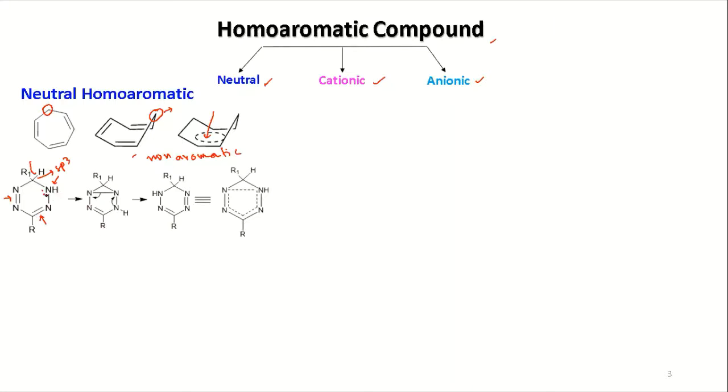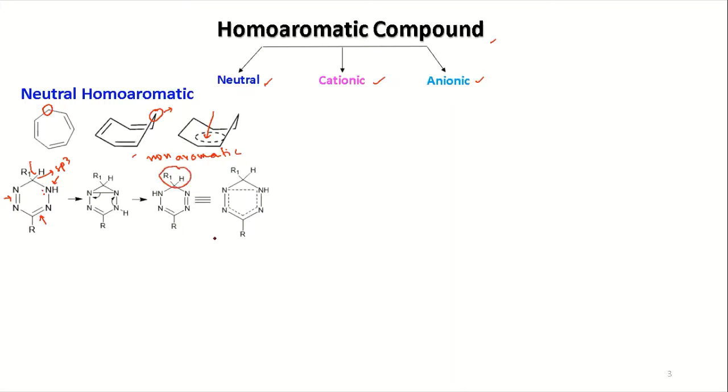So this molecule can have delocalization happening in this way, and you have a pi cloud movement. 6 electrons are participating in the delocalization, overlooking this sp3 center.